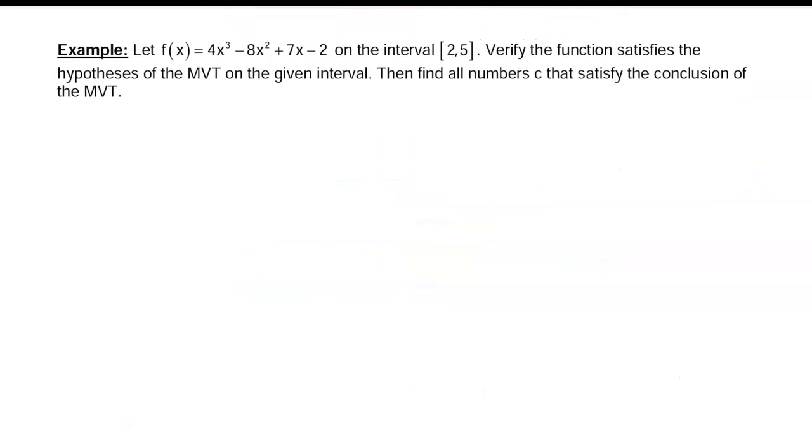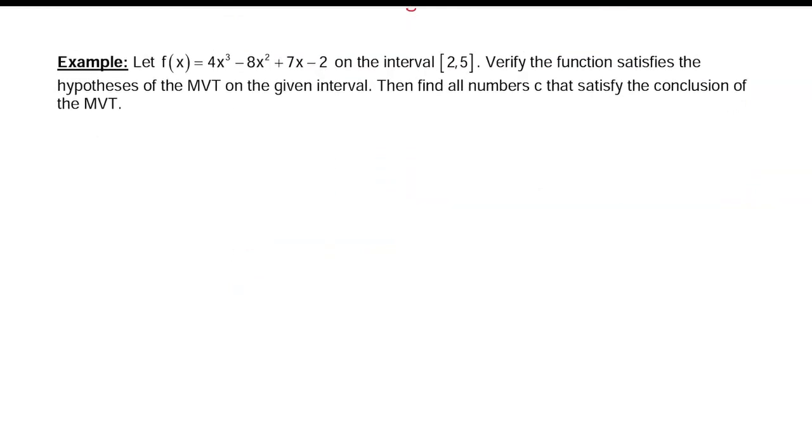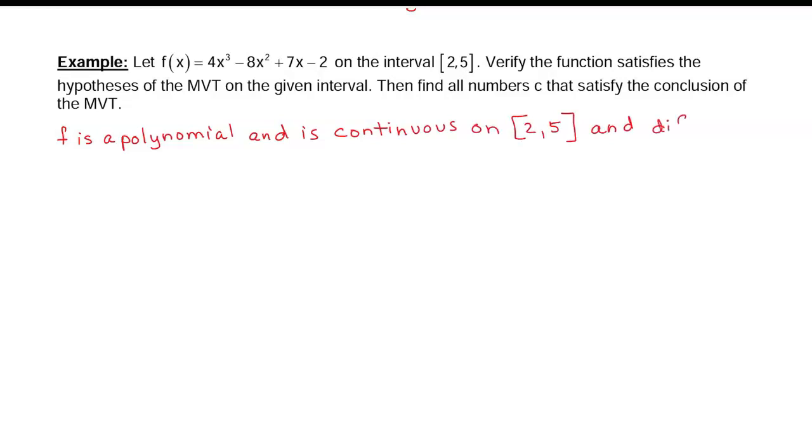The example below, first let's verify that the function satisfies the hypotheses of the mean value theorem. The function is a polynomial. So we're going to start with f is a polynomial and is continuous on the closed interval and differentiable on the open interval.